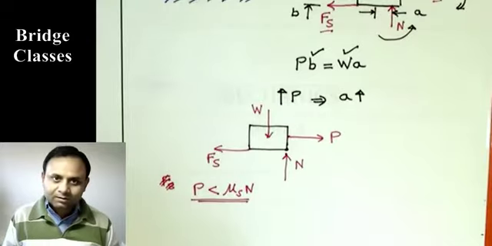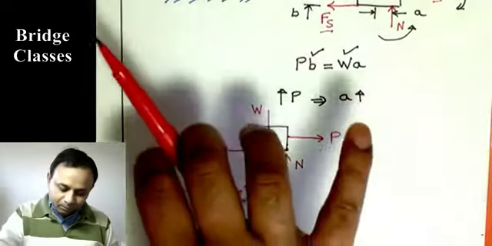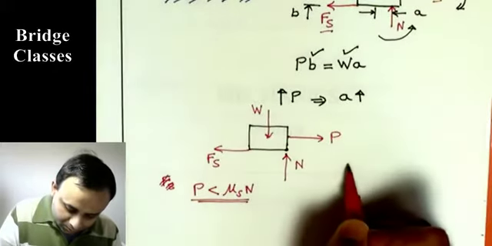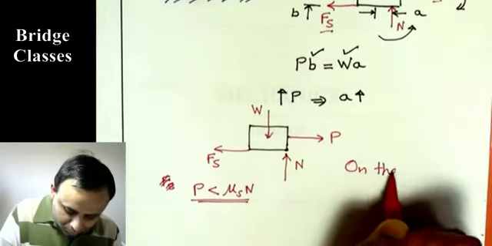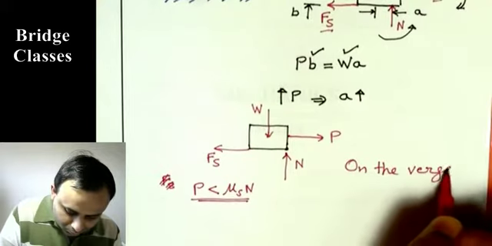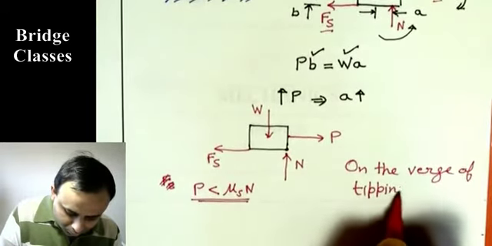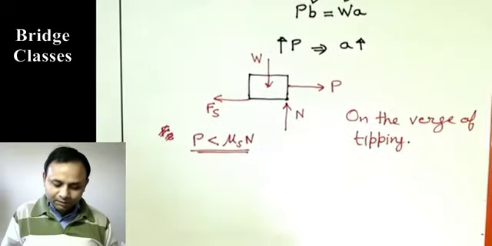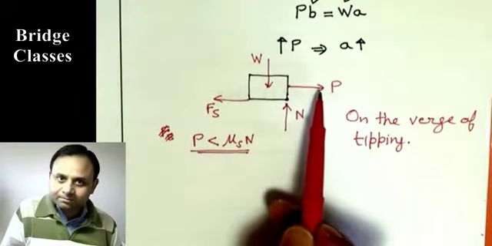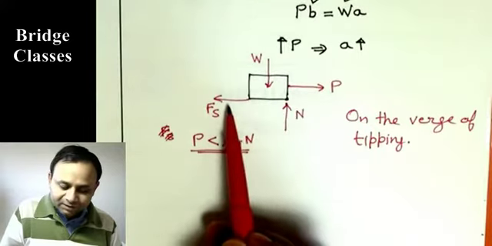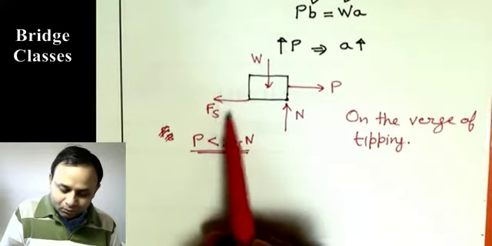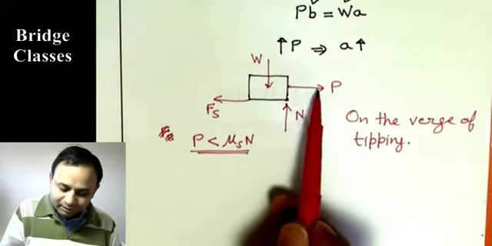But it is on the verge of tipping, on the verge of turning, because if we increase P, this frictional force has not reached its maximum yet, so it can balance it.